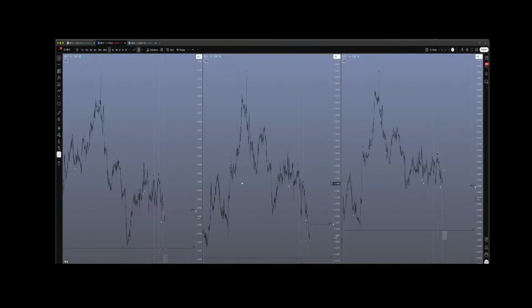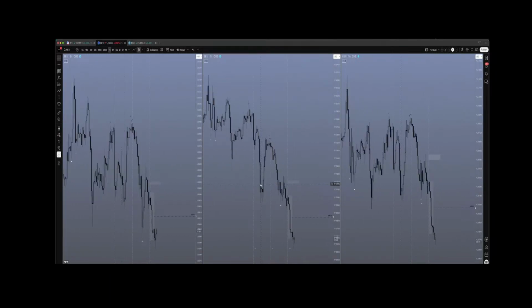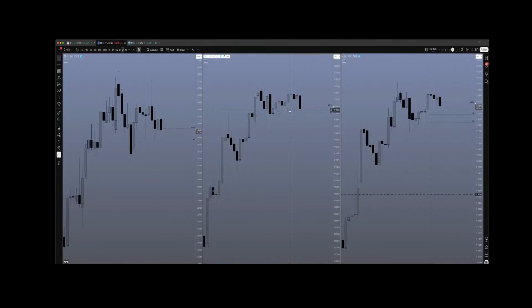So yeah, we could look to fade the move from this level for sure, considering it's the weekly CRT level.